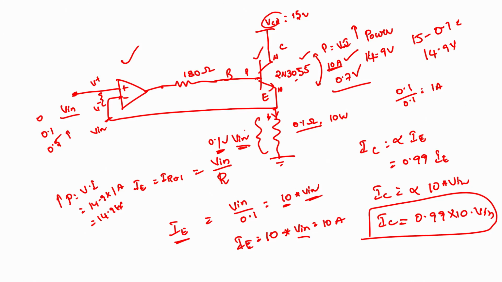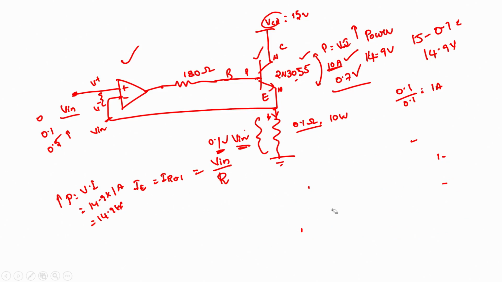Since I am increasing the voltage, the current flow will always increase, right. So when we calculate IE is equal to 0.5 divided by 0.1, which is 5 amps. The current will always be higher, but the voltage drop will decrease.